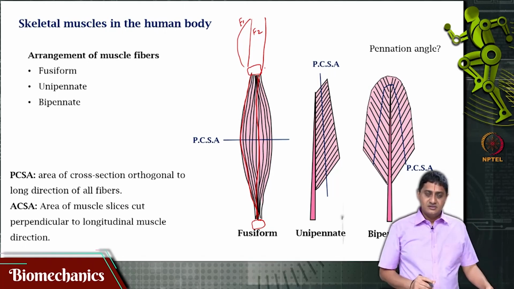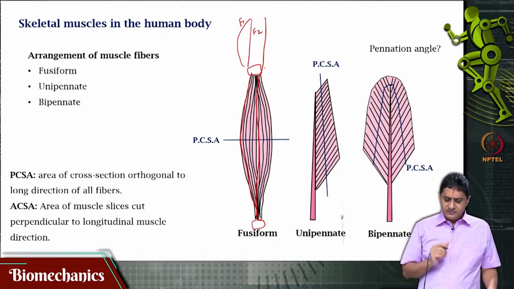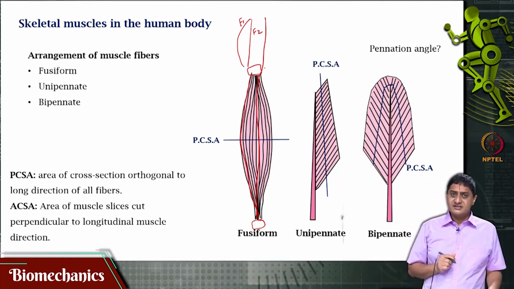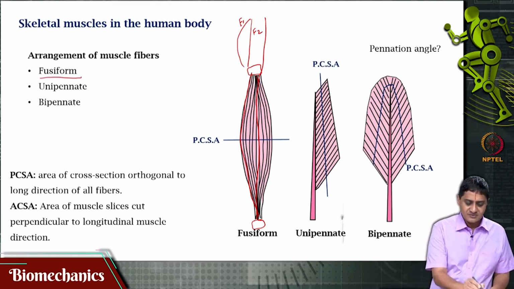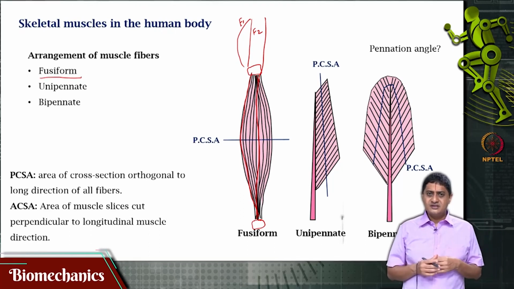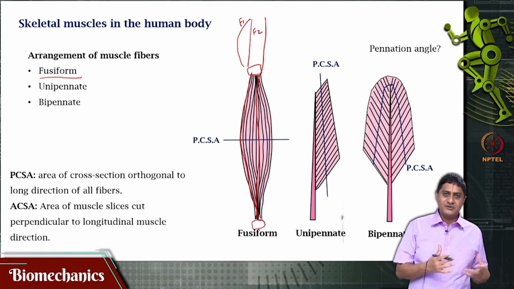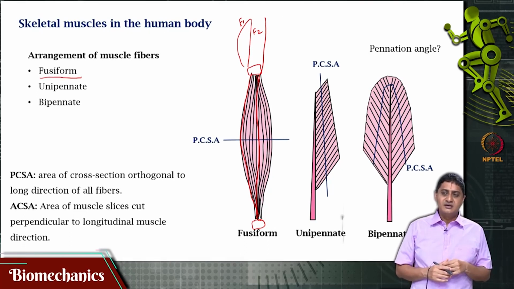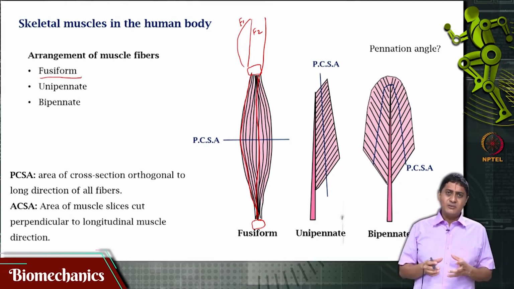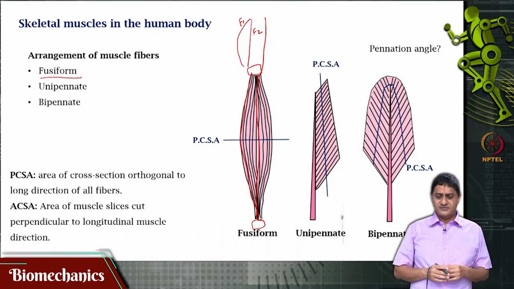This is the case of the spindle shaped muscle or the fusiform muscle, and this is what is typically shown when someone tries to explain a muscle. A lay person trying to draw a muscle would draw this, and that makes sense because the most common muscle they would come across would be of this type.